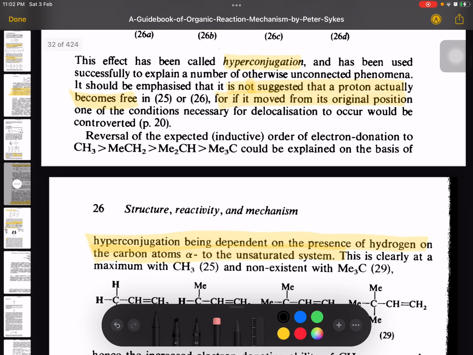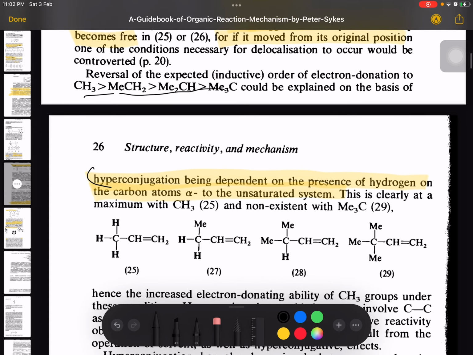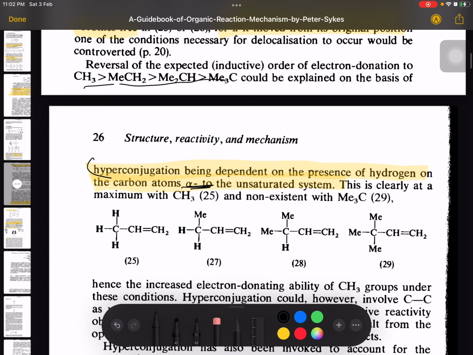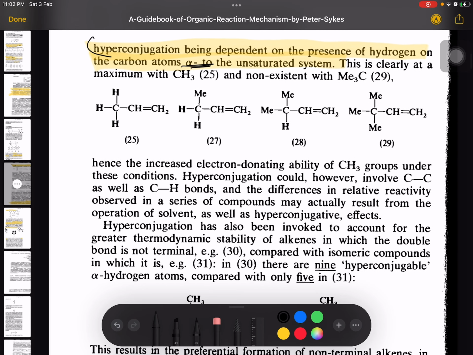The reversal of the expected order of electron donation could be explained on the basis of hyperconjugation, being dependent on the presence of hydrogen on the carbon atoms alpha to the unsaturated system. So clearly, the maximum is with CH3 and the minimum with Me3C.